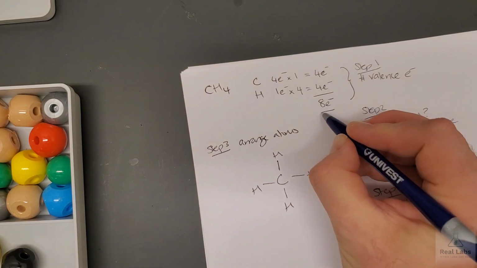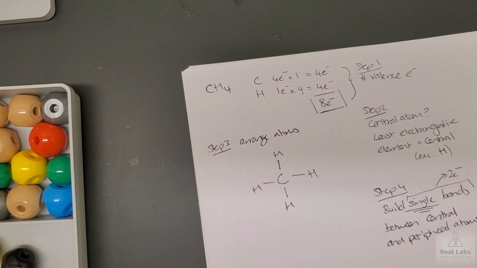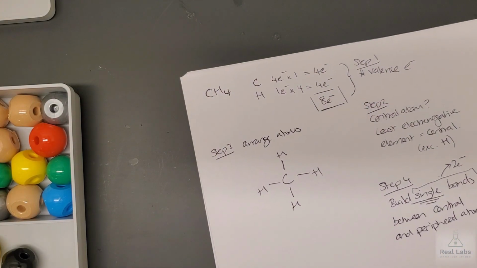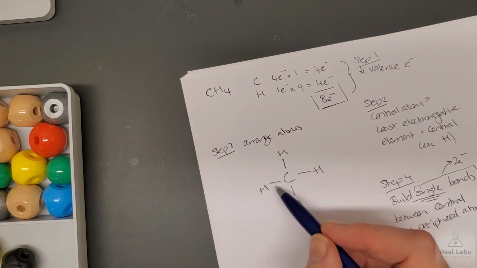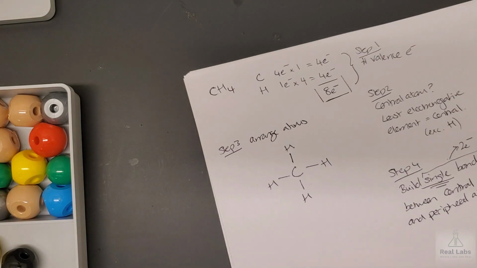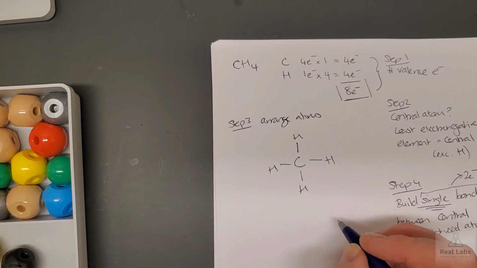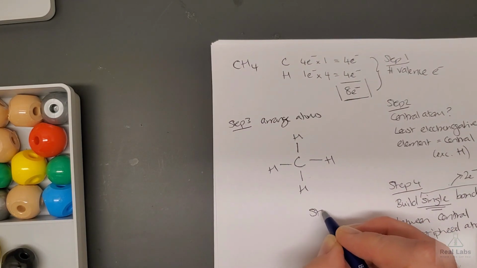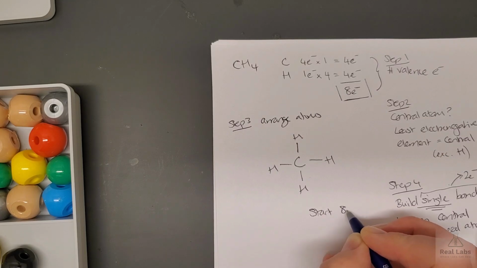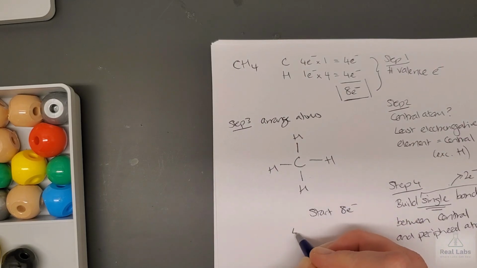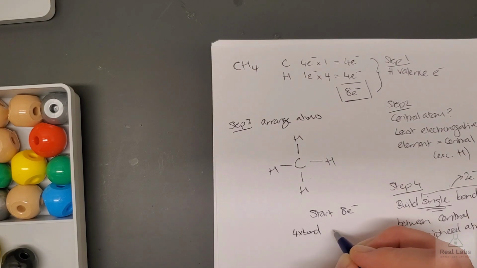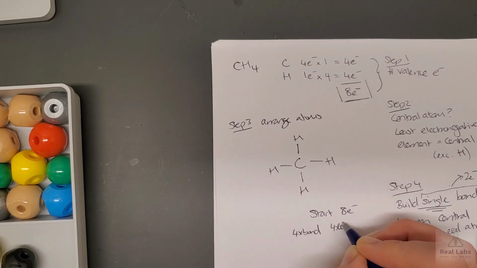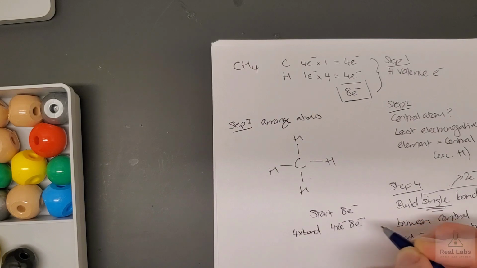We said at the beginning that we had 8 valence electrons that we could use for our structure. Each one of these 4 single bonds contains 2 electrons. So, if I now say we start with 8 valence electrons, we just built 4 bonds, and we know that each bond is 2 electrons. That gives us 8 electrons.